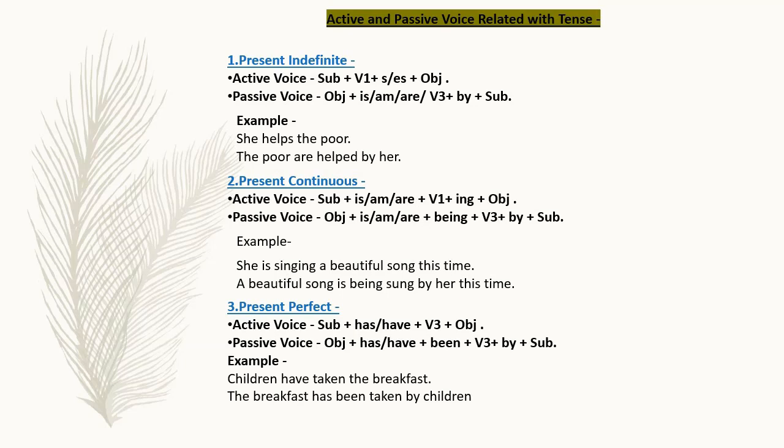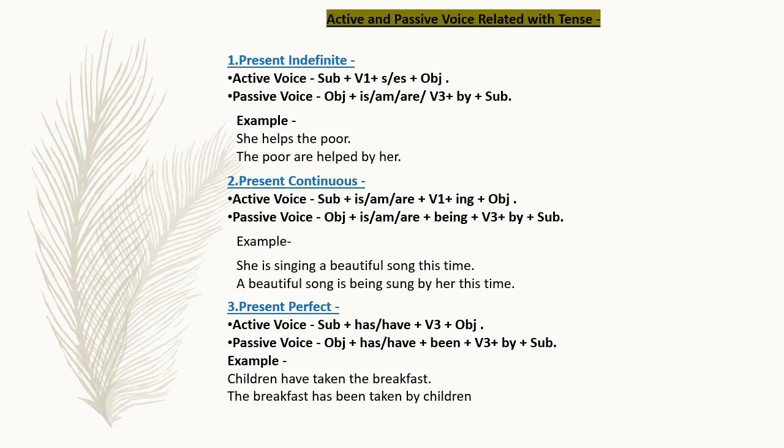Let's see the example. She is singing a beautiful song. As you can see, the subject is she, is since it is singular, singing is V4, and a beautiful song is the object this time. Now, how are you going to make a change over here? As I told you, the object will become the subject. So a beautiful song, since it is singular in number, you are going to use is over here.